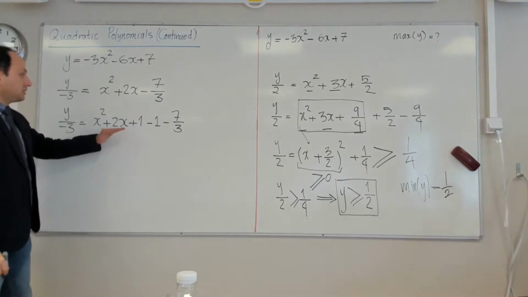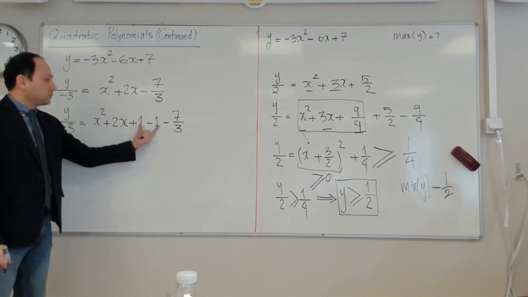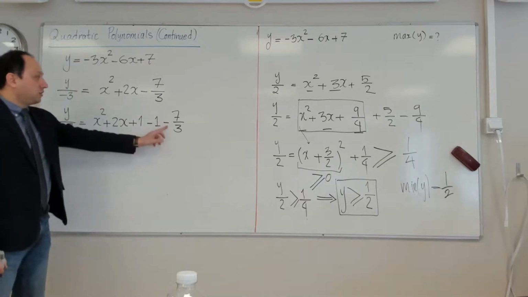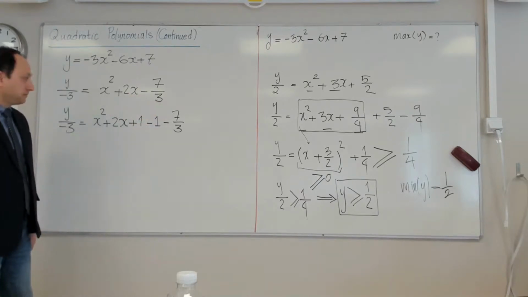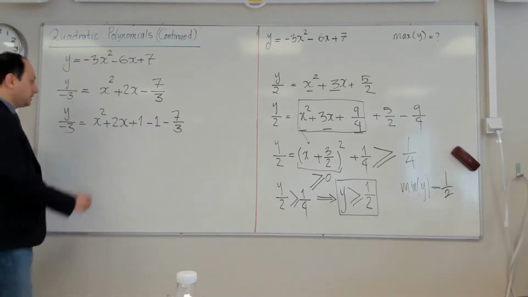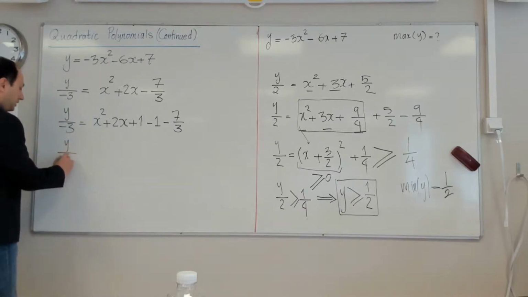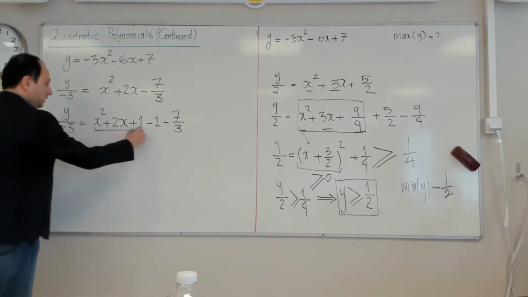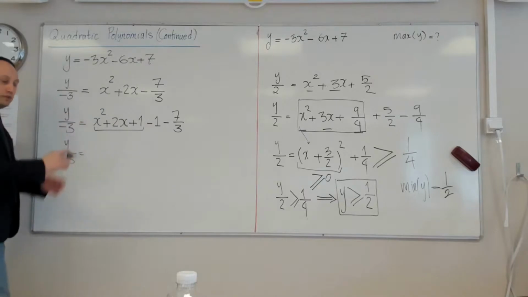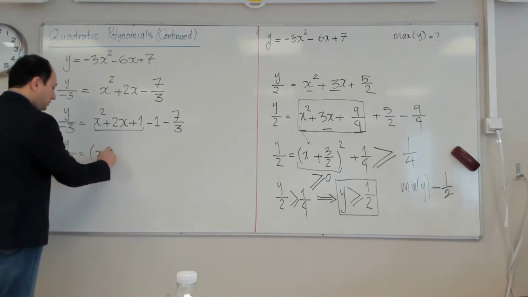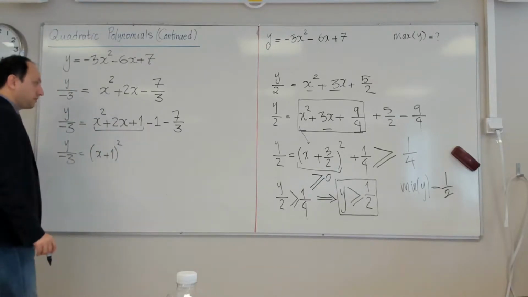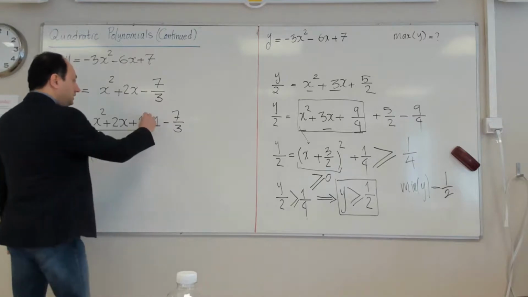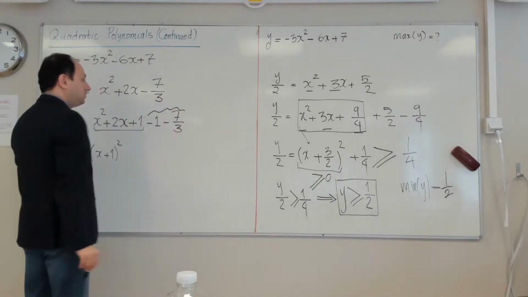So what I have done is completely legitimate. Why? Because 1 minus 1 is just nothing. And then I have minus 7 over 3, which is correct. But what is the benefit of that? Because now these 3 terms can be collected into a complete square. So this becomes x plus 1 to the power of 2. But then you don't need to take this with you all the time.